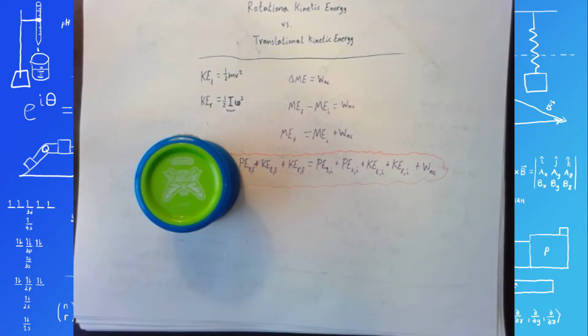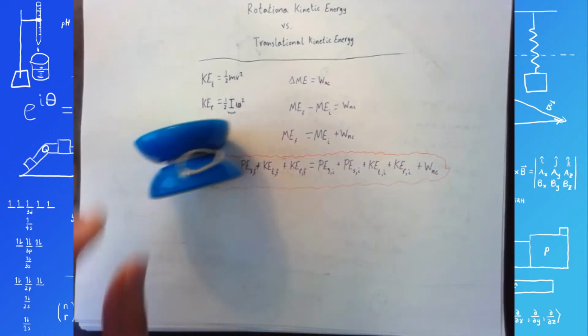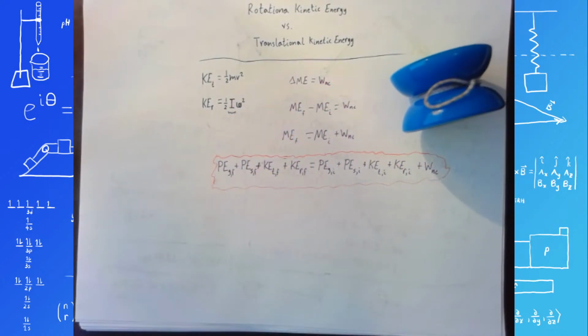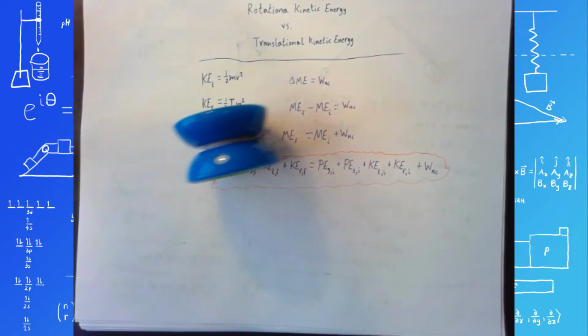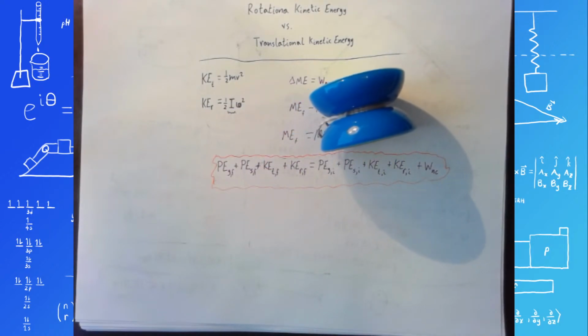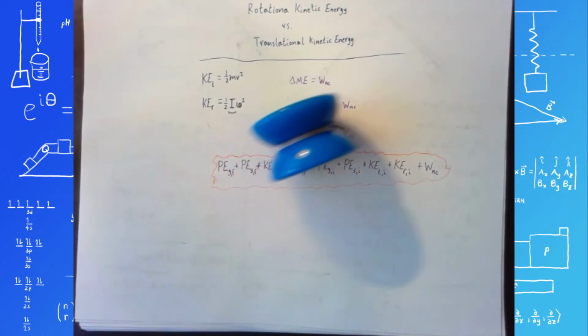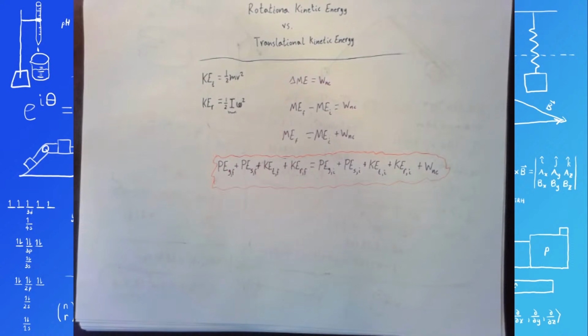Some people will say it's because its center of mass is moving, and that's not true because I have a counterexample for that. It's not necessarily that the center of mass has to move, it's the axis of rotation that has to move. If an object is rotating and its axis of rotation is also changing position as it moves, that's how you know that the object is engaging in translational motion along with its rotational motion.